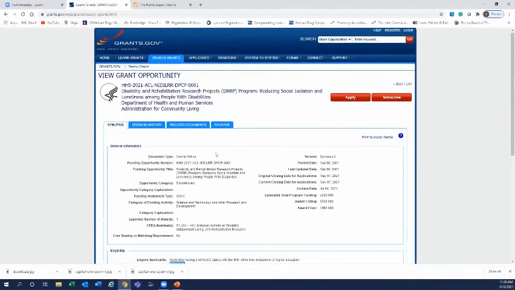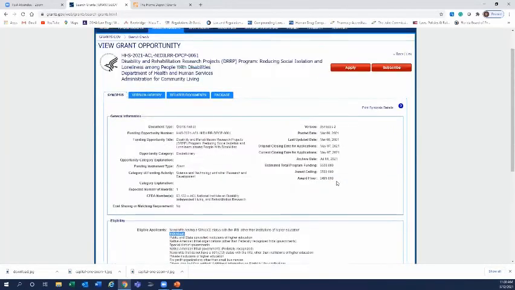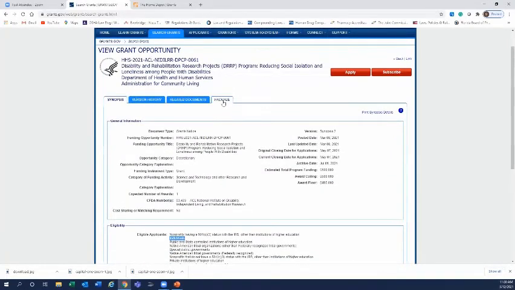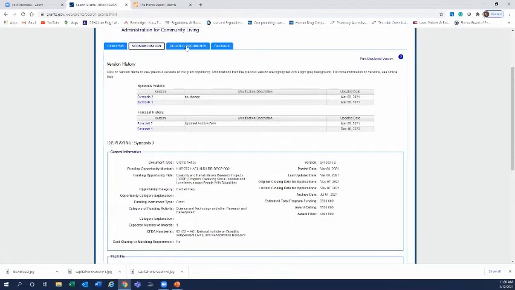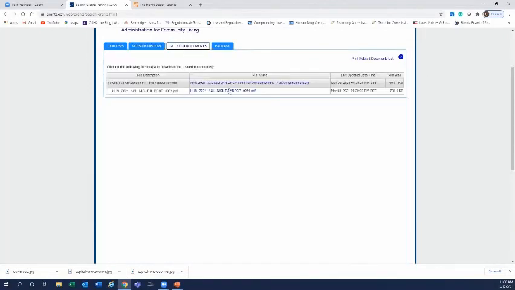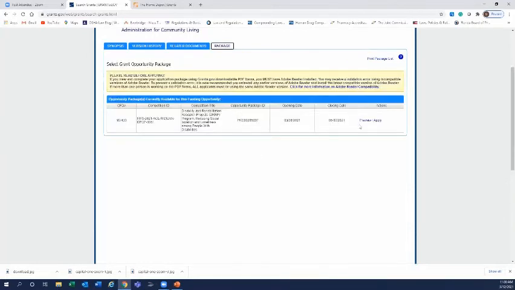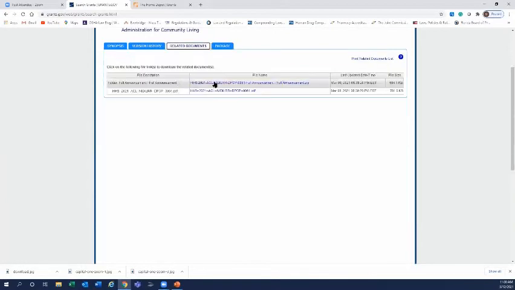Now, how do we even know what the work is, Shana? You go to package. I'll click on package in 1 second. Version history just shows how many times they made changes. Related documents is usually going to be empty, so let's see. We'll take a look at this in 1 second. The package, you can preview or apply. So here, the related documents are the exact same things that are in the package here.